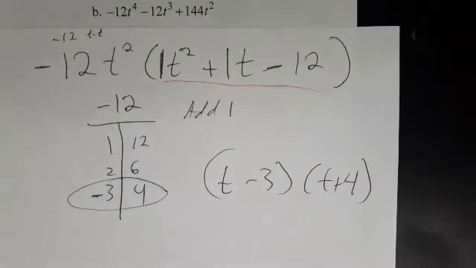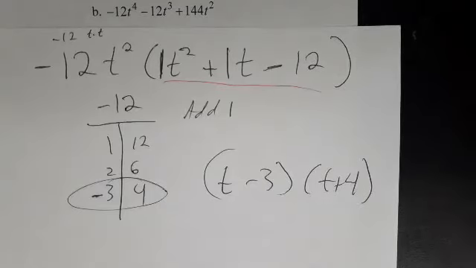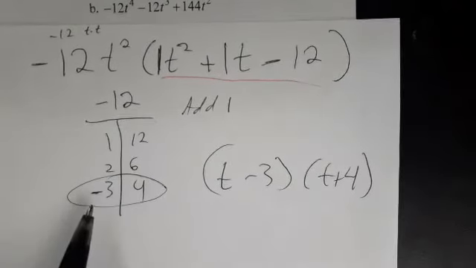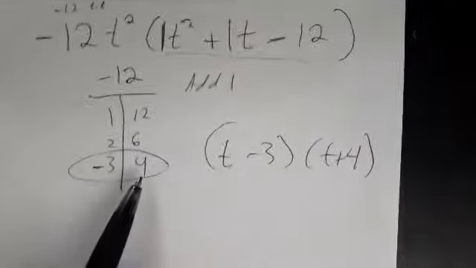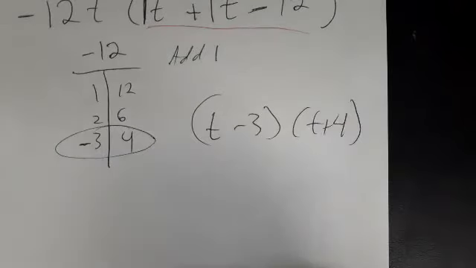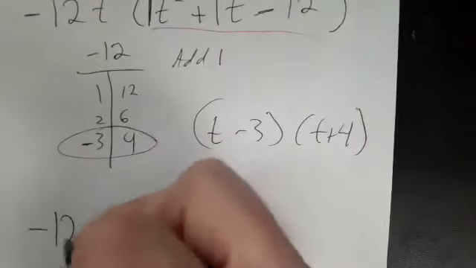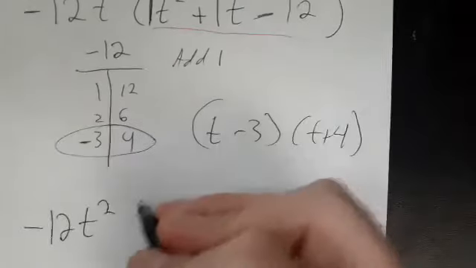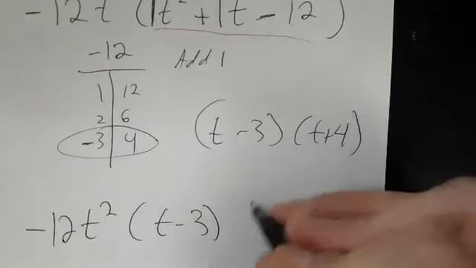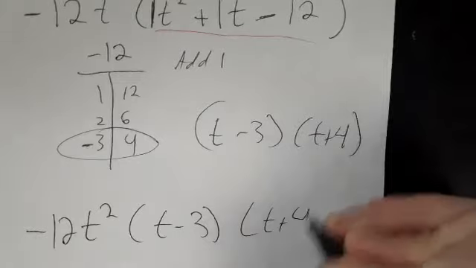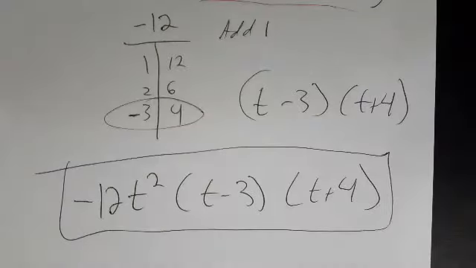Plus 4. So that's what that thing's going to factor to. It's going to factor straight to these magic numbers. I'm going to write the whole thing minus 12t squared, and I'm bringing this down to minus 3t plus 4. And that's what this thing should be. And that's fully factored.